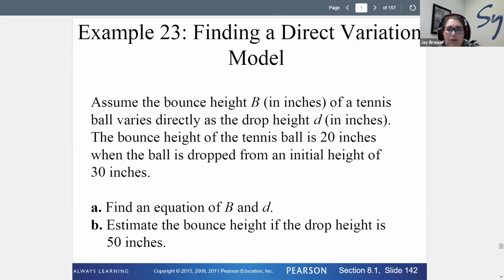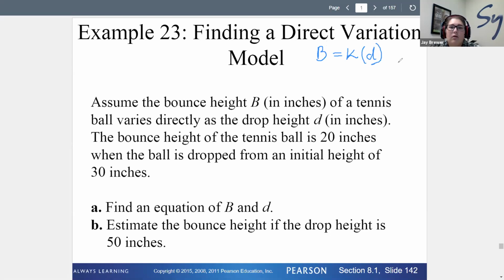What equation do we want to use if it varies directly? We're going to have b equals k times d.